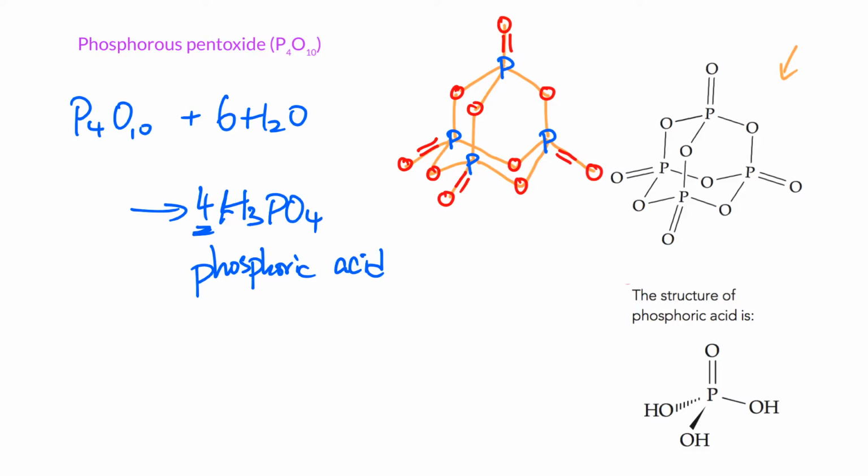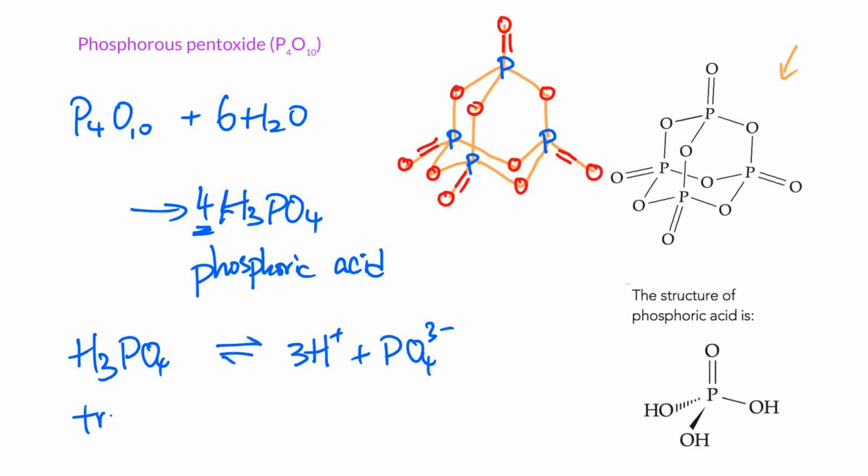What is this phosphoric acid? You have to remember this one is a weak acid, and it is also a tribasic acid. Therefore, there are 3 free hydrogens given out by 1 molecule, and we also have a reversible arrow for this.